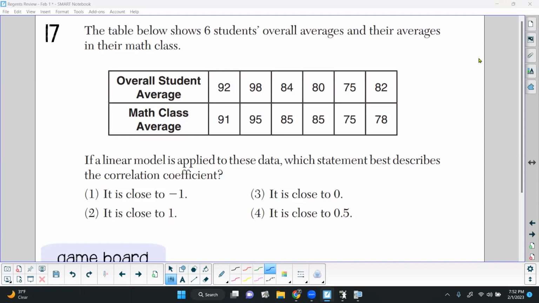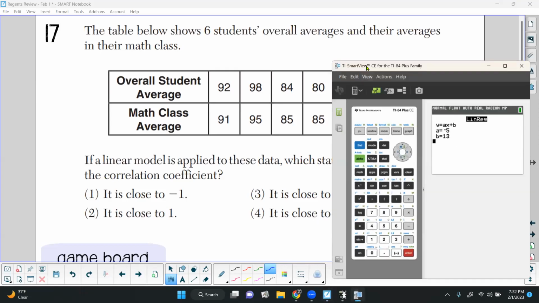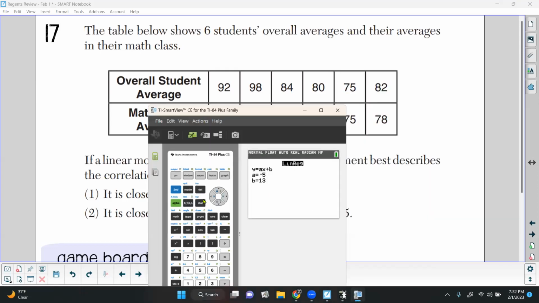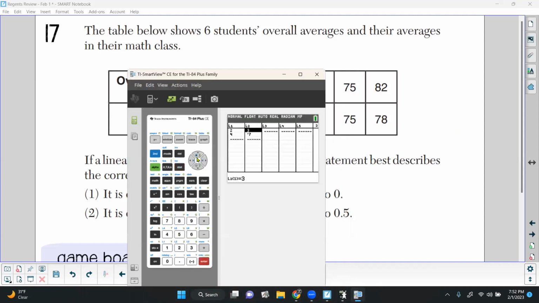Okay, if you're using a calculator at home, then hopefully you're close to an answer. If you do not have a calculator, then you cannot solve this problem. So I'm going to turn my calculator on so we can at least start together. So we're going to stat edit. We're going to empty out these lists by deleting these values.